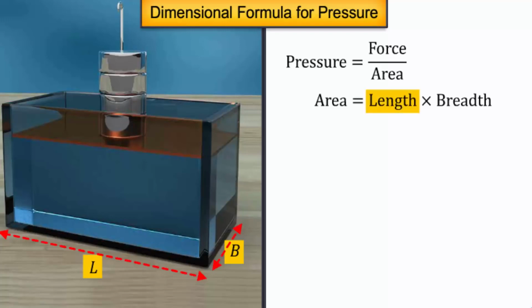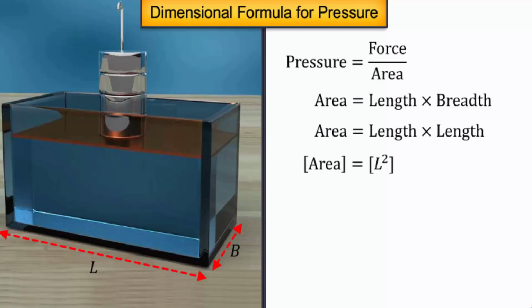Thus, area can be expressed as length square, and hence its dimensional formula is L^2. We know that the dimensional formula of force is MLT^-2. Now, the dimensional formula of pressure is obtained as shown.